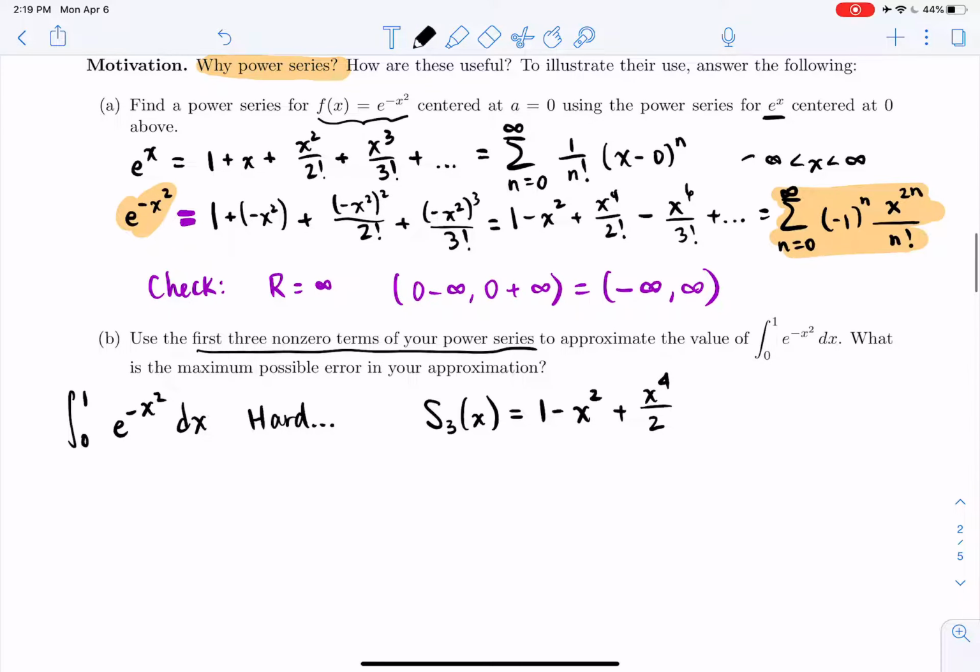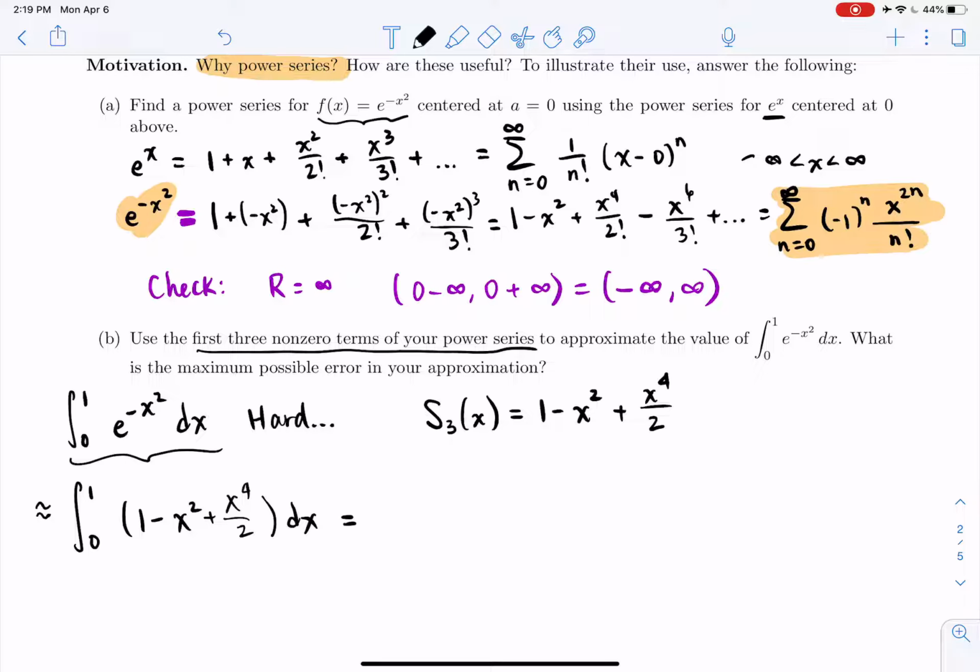So instead of computing this integral, we're going to say, well, this is about equal to the integral from 0 to 1 of 1 minus x squared plus x to the fourth over 2. Because that polynomial, s sub 3, is starting to approximate e to the negative x squared.